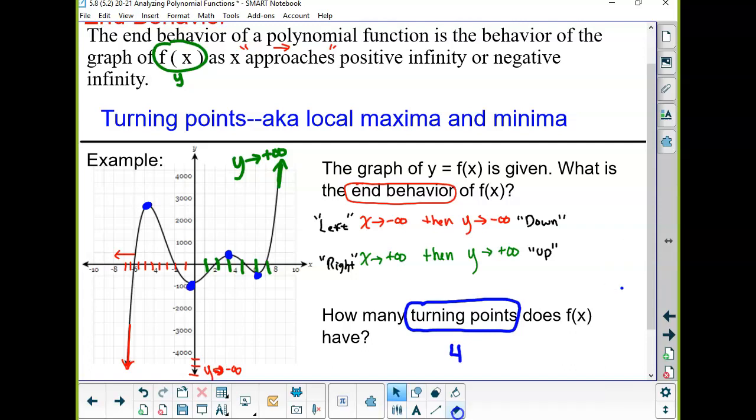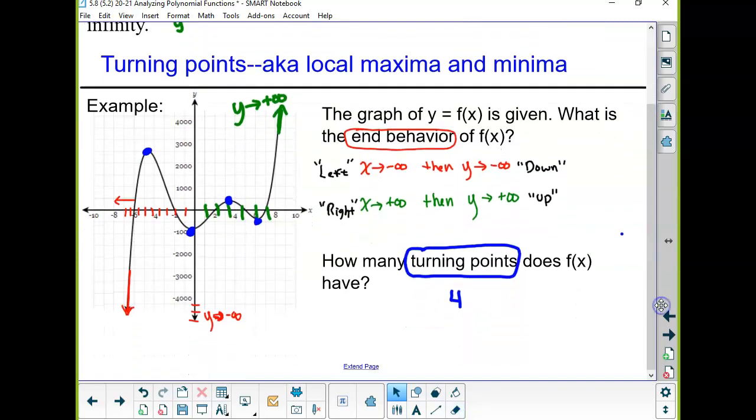There's a connection here. There's a reason why that's important. I'll share with you, but we're not going to explore it a ton. I might throw an extra question in here.